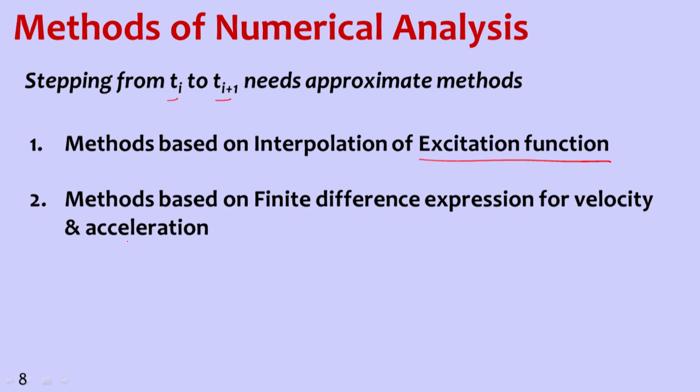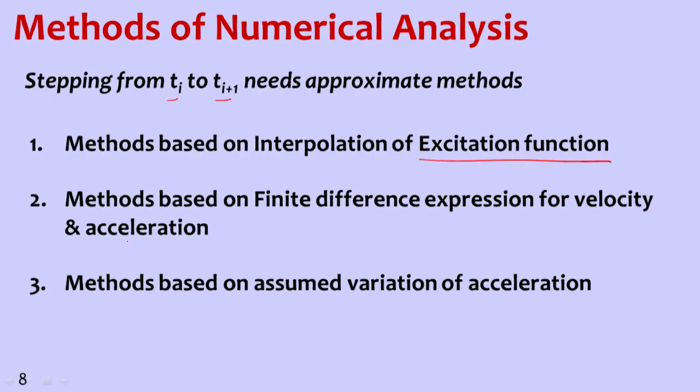In this we discuss three methods: forward difference, backward difference and central difference. For finding the solution of the dynamic equilibrium equation, we use the central difference method. And the third one is methods based on assumed variation of acceleration.